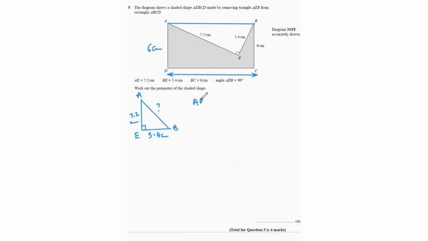So AB squared equals 7.2 squared plus 5.4 squared. That gives us 81. And then we square root 81, which is 9 centimeters.